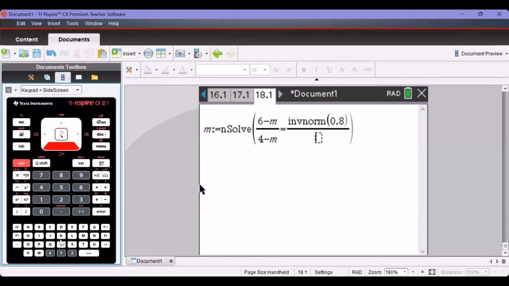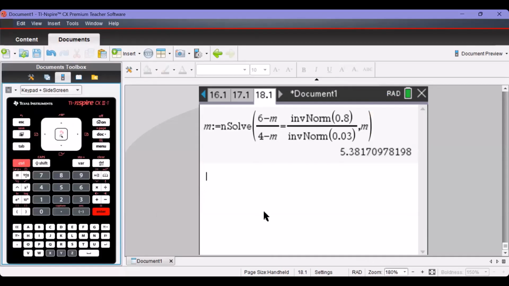And then down in the denominator, we're going to type in inv norm, and then open bracket, and this one is 0.03, and what we want to do there is solve for m, so comma m, press enter, and we get a mean of 5.38, etc.